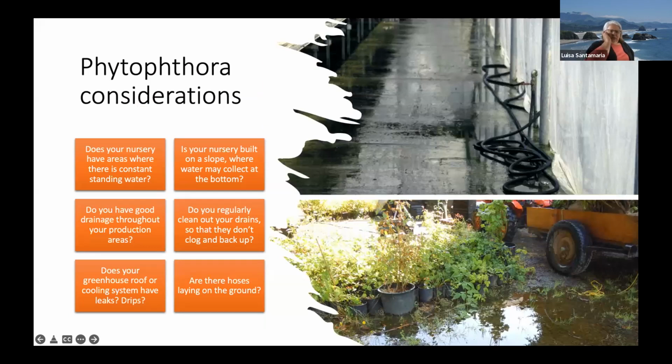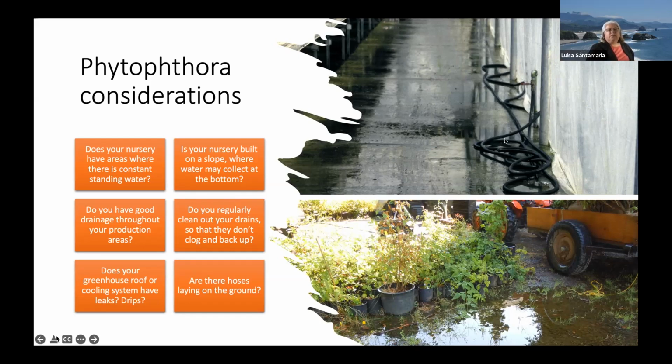So there are always some things to review and think about. If your nursery has areas with constant standing water, you need to think about that, like a checklist. Is your nursery built on a slope, and do you have standing water all the time?